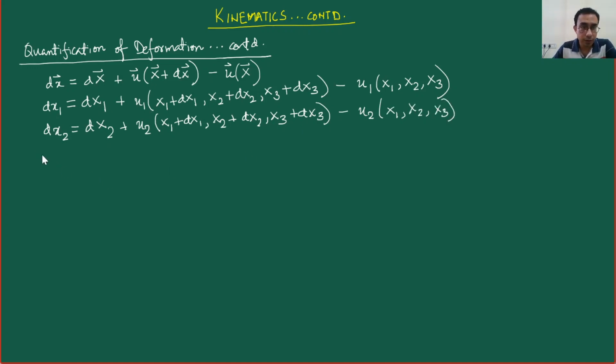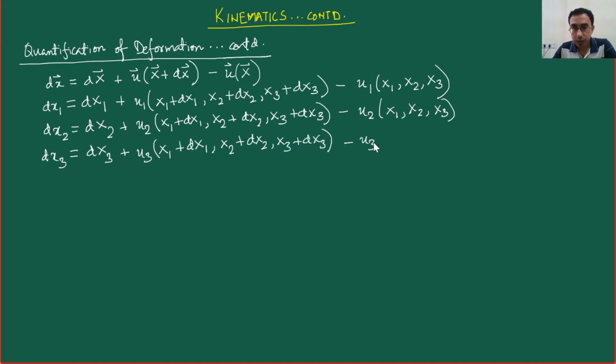And finally, for dx3, similarly we have d capital X3 plus u3, being again a function of X1 plus dX1, X2 plus dX2, X3 plus dX3, minus u3 of X1, X2, X3.